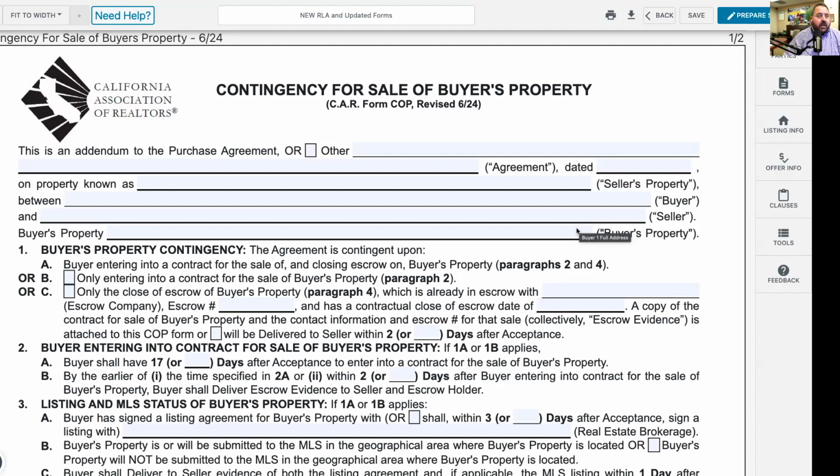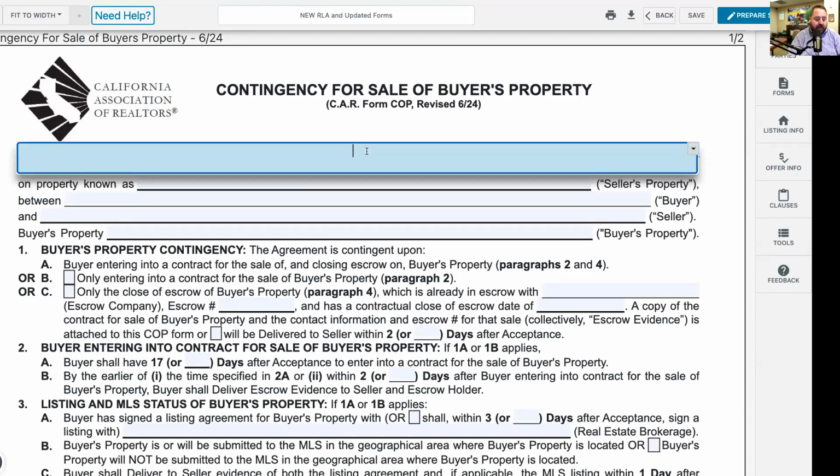So here we go. This is for your buyer. You've written an offer, and it's contingent on a property that they're selling. By default this is an addendum to the purchase agreement. If I'm adding it as part of a counter, it could be a counter offer, buyer's counter or seller's counter, and that's okay.